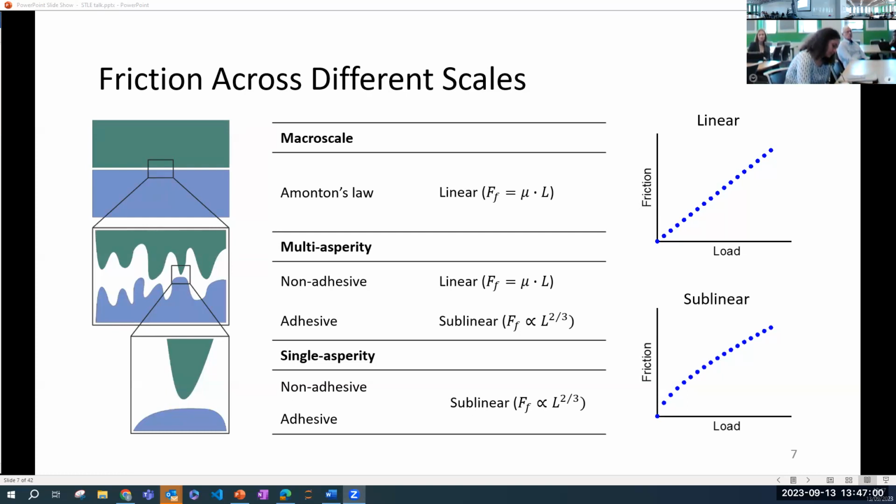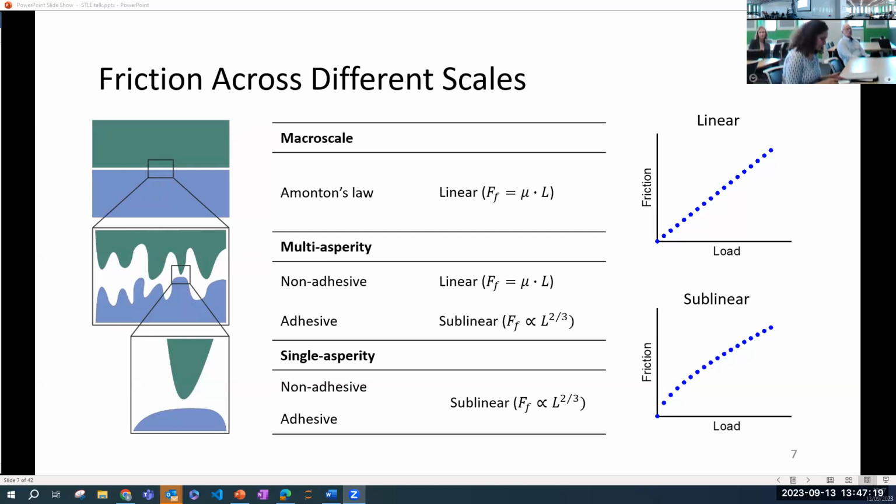Now, at this scale, even a flat surface seems very flat, but as you zoom down, you see that most of them, if not all of them, except some exceptions, become multi-asperity contacts, composed of a plethora of very tiny peaks.